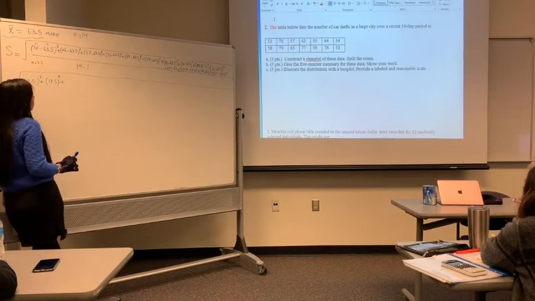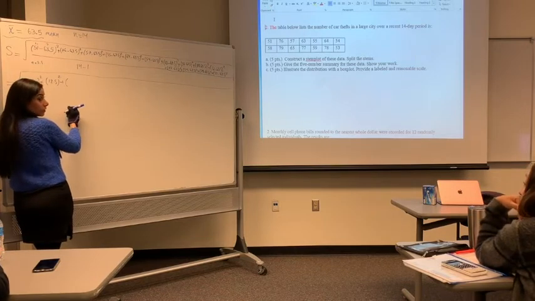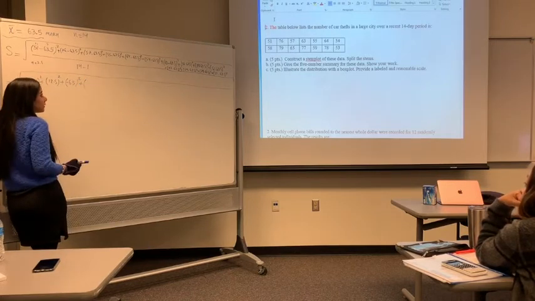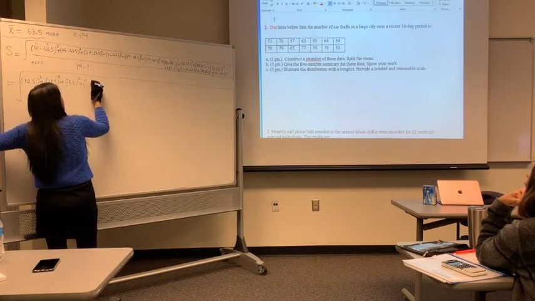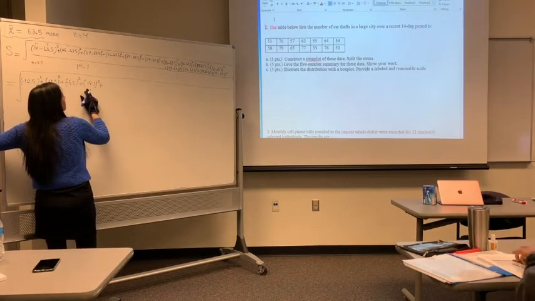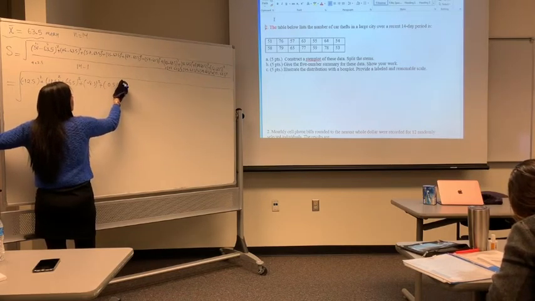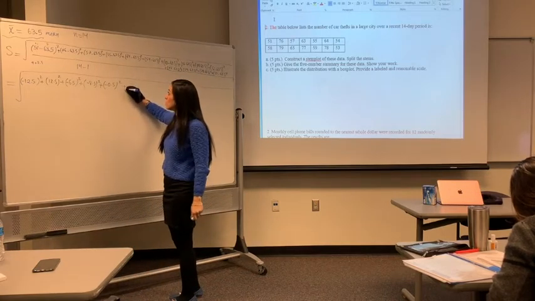And then the next one, negative 6.5. Negative 6.5 power 2 plus negative 8.5 power 2 plus 0.5 power 2. What about the negative sign? Don't forget that.